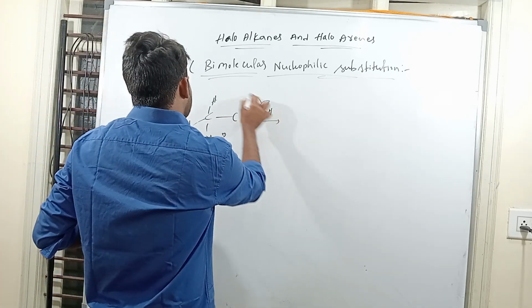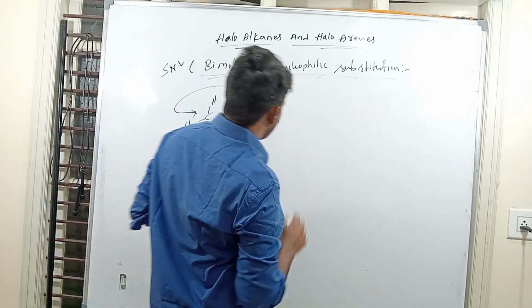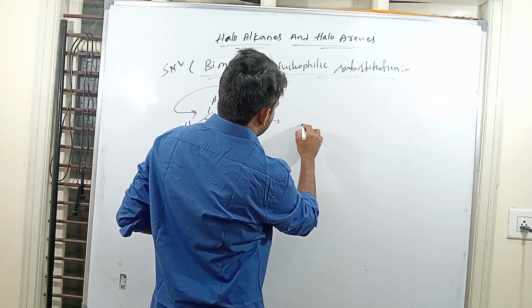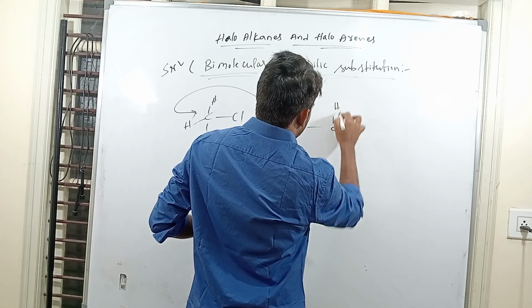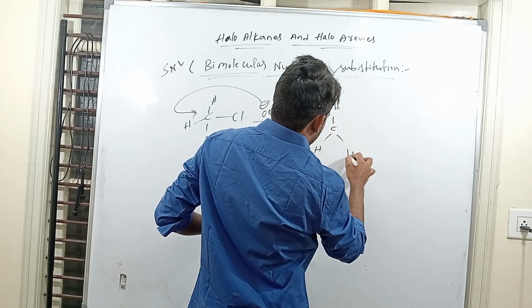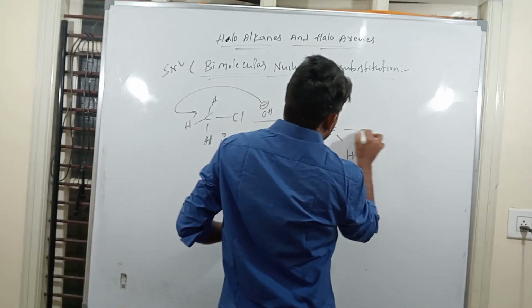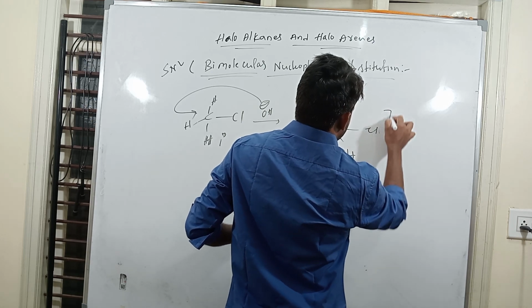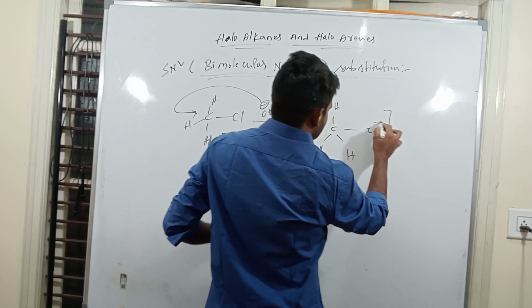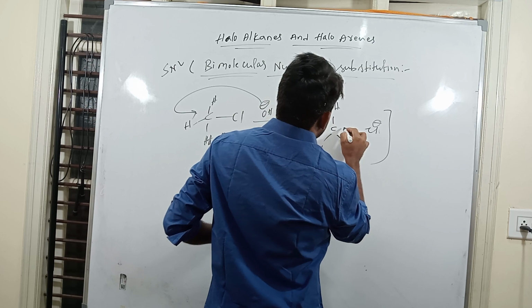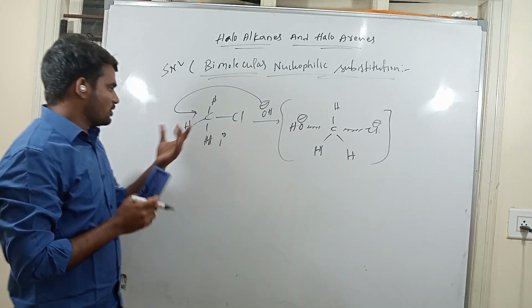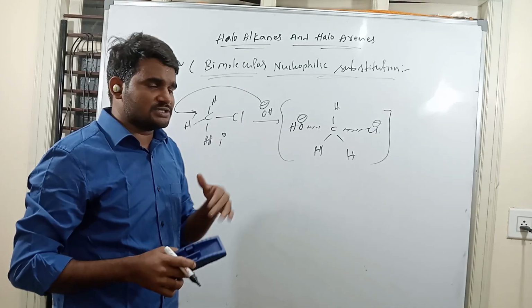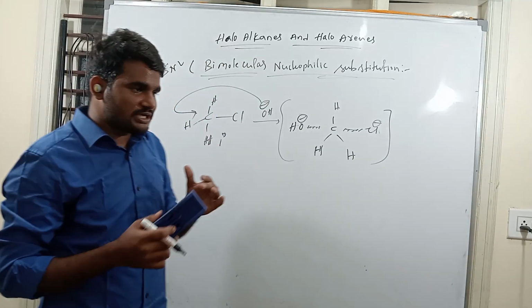So back side attack occurs to form a pentavalent transition state. Here, for the nucleophile, there is no crowding. According to the SN1 reaction, crowding happens around the carbon.